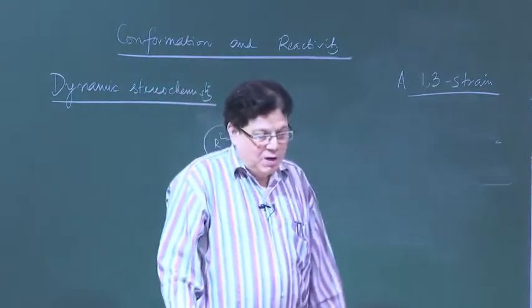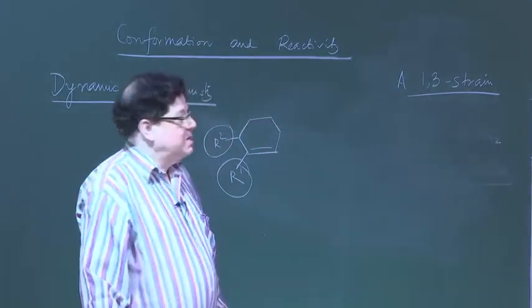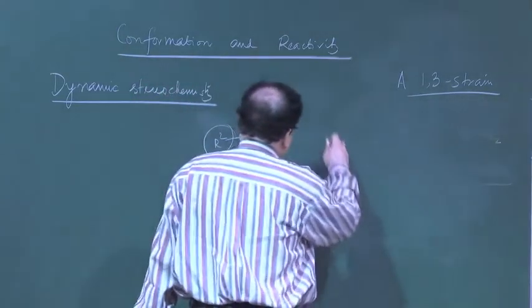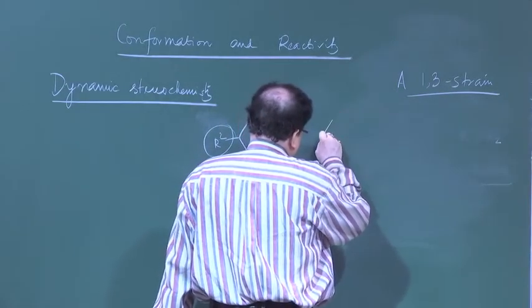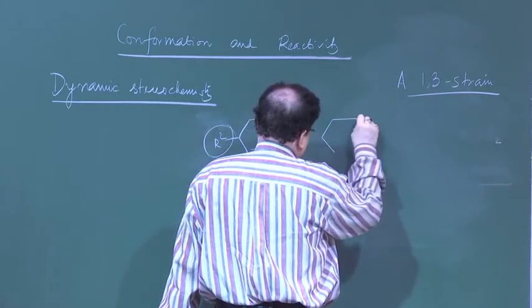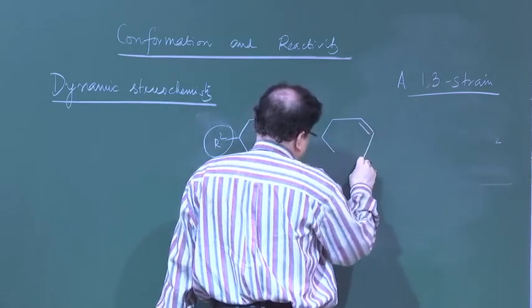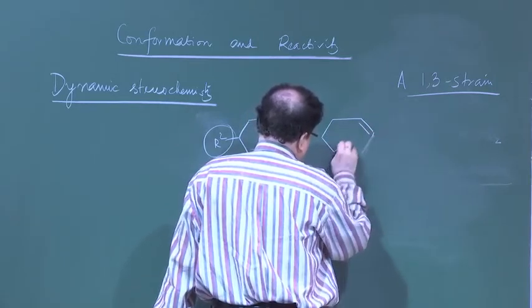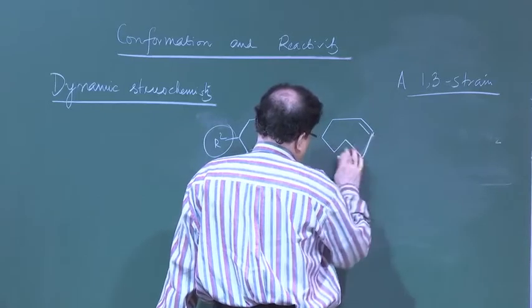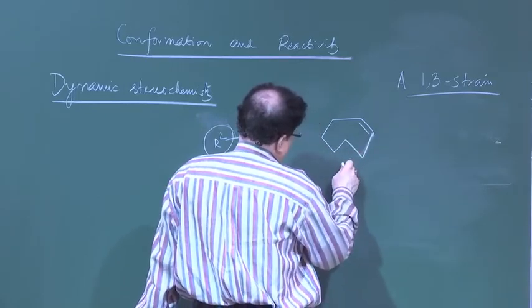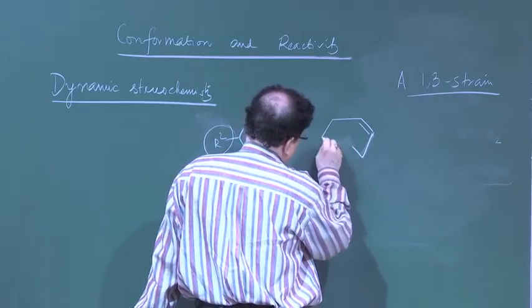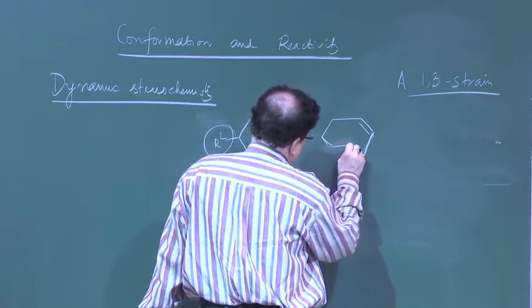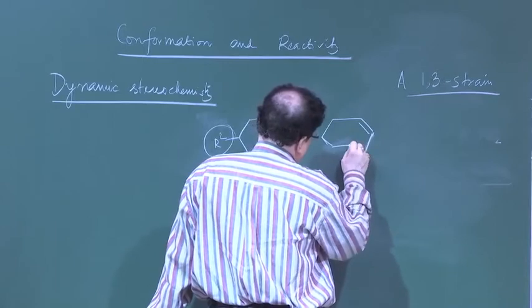We have done the cyclohexane, but just to let you know, cyclohexene exists as a conformer which looks like this. It is somewhat like this.